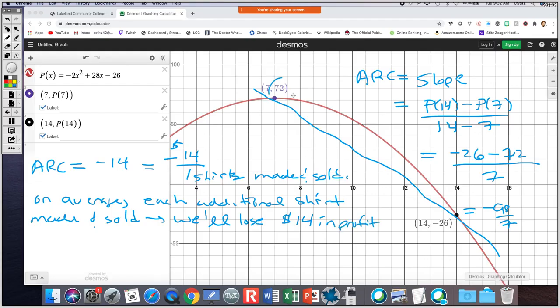So we would start off with your $72 in profit, and on average, each shirt's going to end up costing us $14 in profit, until at 14, we've now not only lost all the revenue, we have additional cost incurred, and we're down at negative 26.